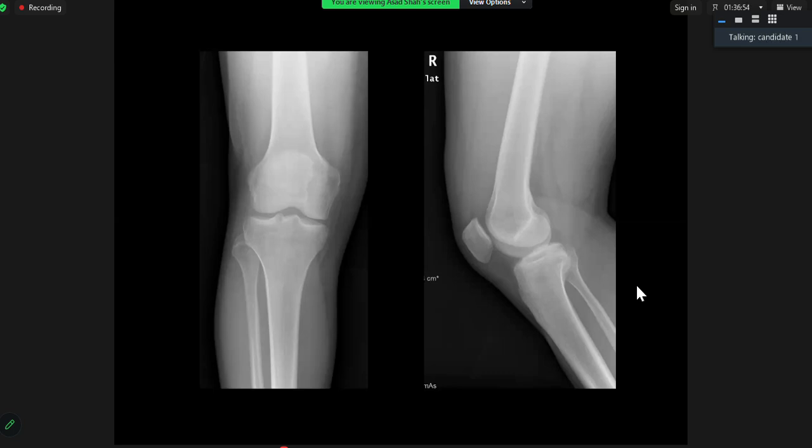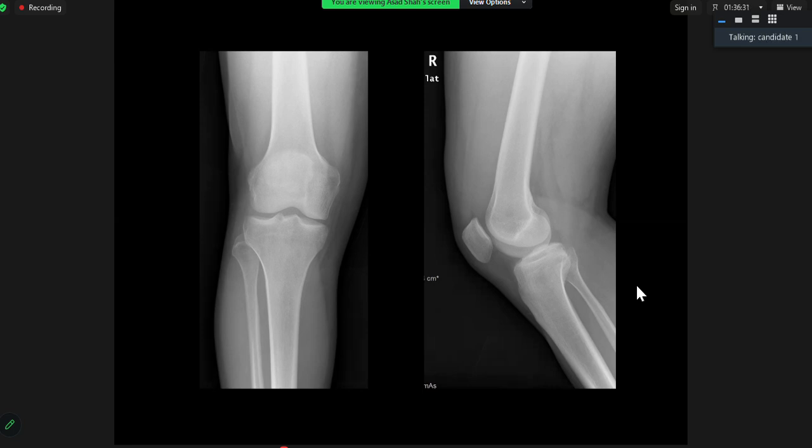I'm looking at the radiograph, AP and lateral view of the knee, and I could appreciate that the tibiofemoral articulation is well preserved. I could not see any tibial spine or tibial plateau fracture.